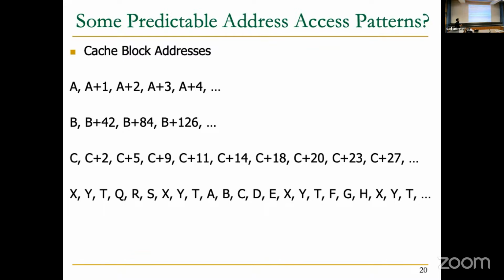So there is a high probability that when you see X, it would be followed by Y. When you see X and Y, it would be followed by T. We have some pattern learning algorithms that take these sorts of correlations into consideration. It says that if I have seen X, there is a high correlation that I'm going to see Y. If I have seen Y, there is a high correlation that I'm going to see T next.